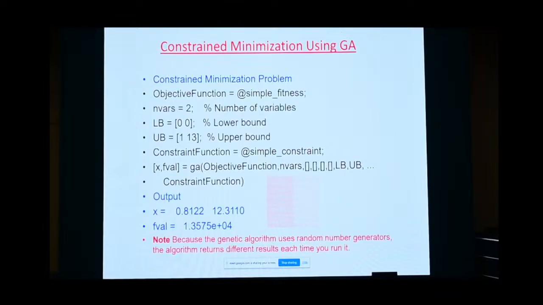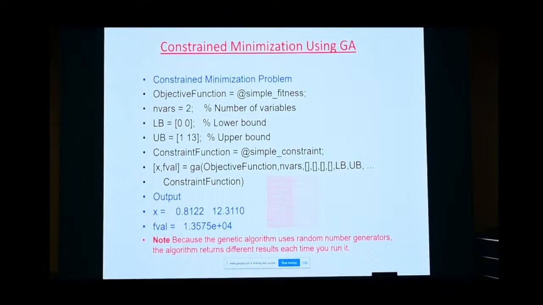Next, you define your objective function and number of variables and the bounds, lower bound and upper bound. Lower bound 0 0 means both x1 and x2 minimum value is 0. Upper bound 1 13 means the upper limit of x1 and x2 is 1 and 13. Then you enter in this format: x, fval, your objective function, number of variables.